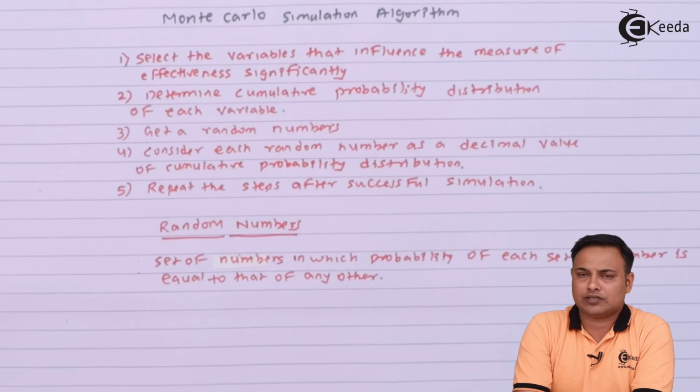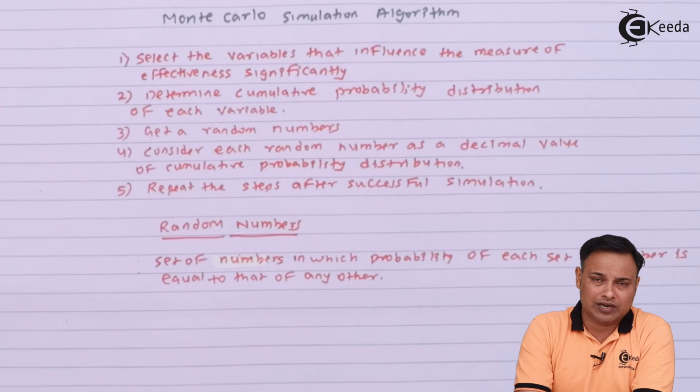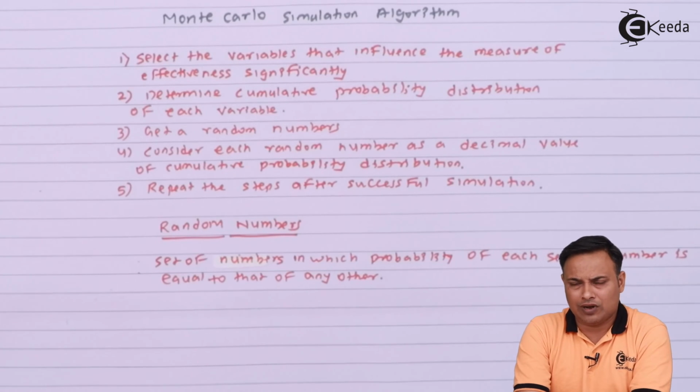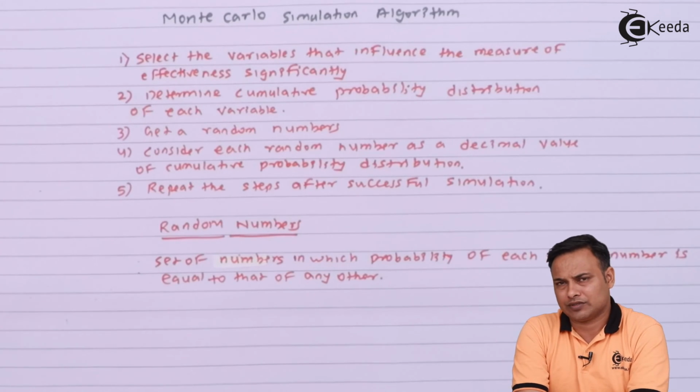A set of numbers where the probability of each number being selected is equal to the probability of all the other numbers can be called random numbers.